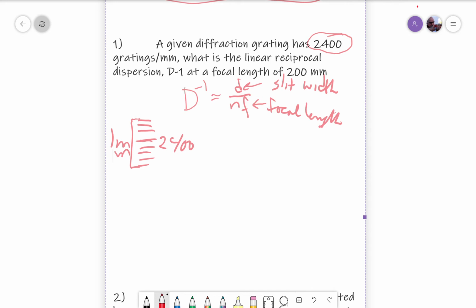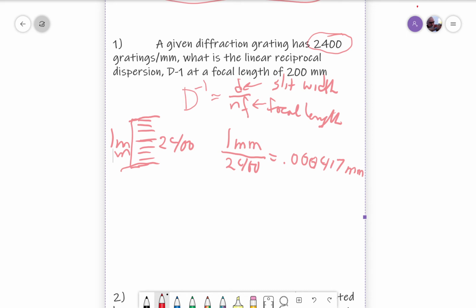That means that each slit would be that 1 millimeter divided by 2,400, meaning each slit is 0.000417 millimeters wide. 1 millimeter contained 2,400, so each one is 4.17 times 10 to the minus fourth millimeters.